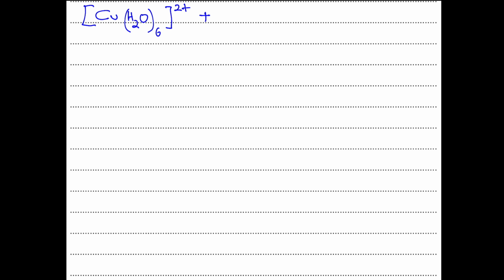If we're reacting that with ammonia, NH3, we would get a substitution and a deep blue solution, so [Cu(NH3)4(H2O)2], we need 4 ammonia and 2 water, and that will be releasing 4 water because we're substituting ammonia for H2O.